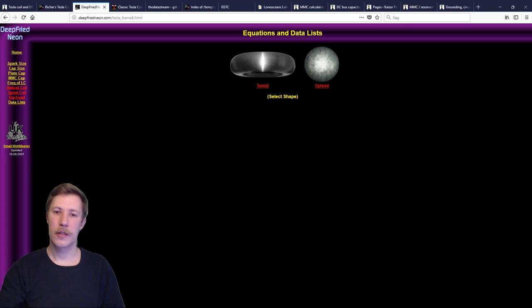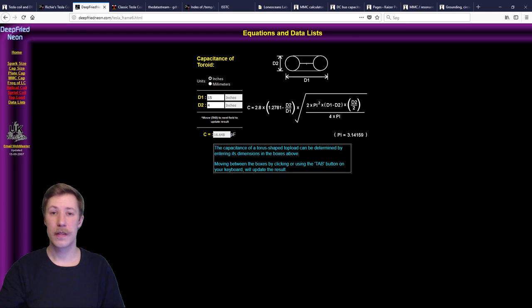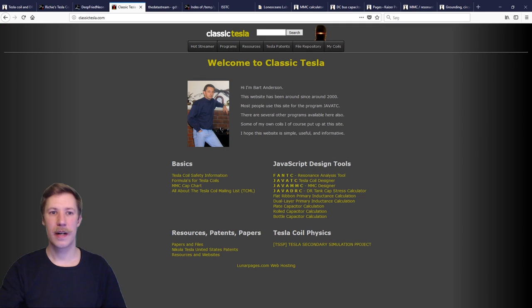And then the top load calculator, because as you can see, this equation is rather simple, as these are based on some practical, experimental numbers from some old papers. But again, very good for quick designing and quickly checking out some numbers. Because when it comes to really designing something, there is nothing that beats Bart Anderson's Java TC.